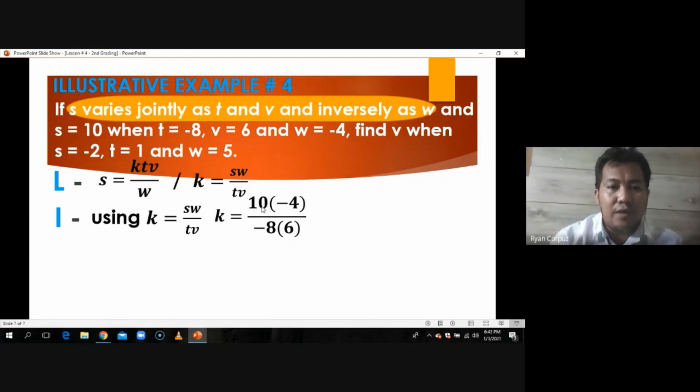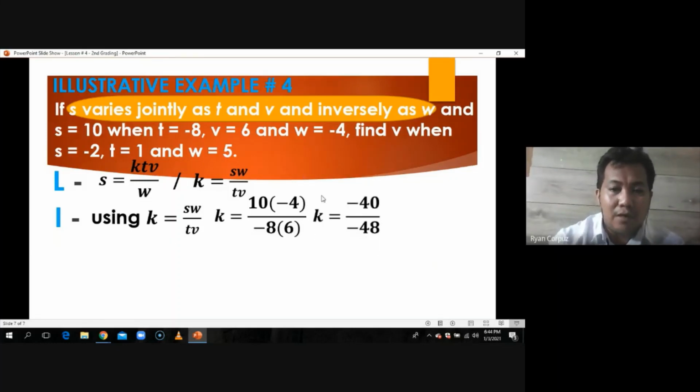So 10 yung S, W is negative 4, T is negative 8, while V is 6. So pwede natin cancel to. Pag kinancel natin yan, since para sila negative, so magiging positive yan. So 2 na may iwan dito. Kung 2 to, exactly divisible siya by 10, magiging 5 na lang to over 6. So 5 over 6 ang magiging sagot dapat natin.